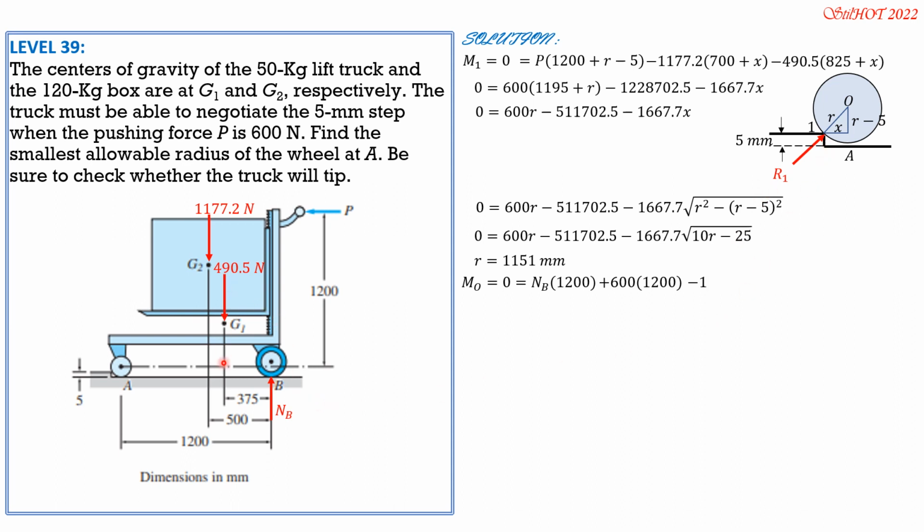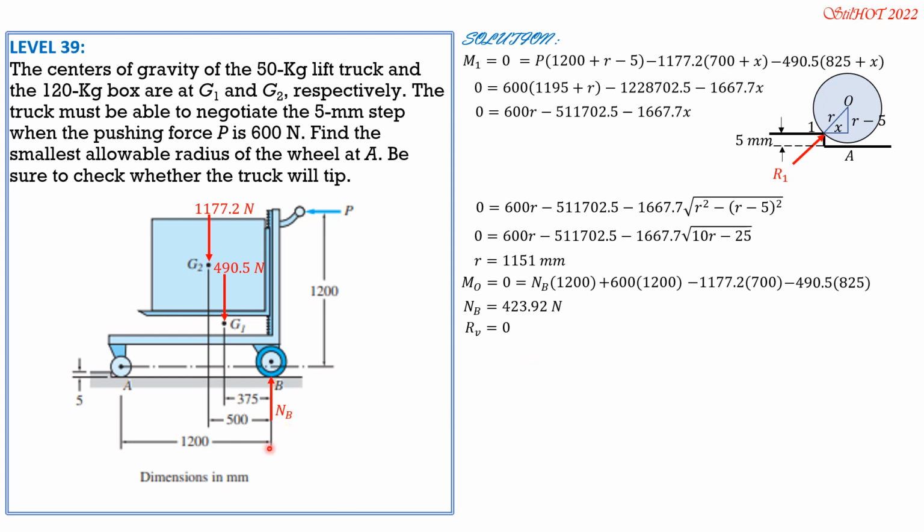Then minus 490.5 times 825. P is already here, plus 600, then minus 490.5 times 825. So we can solve NB equals 423.92 newtons.